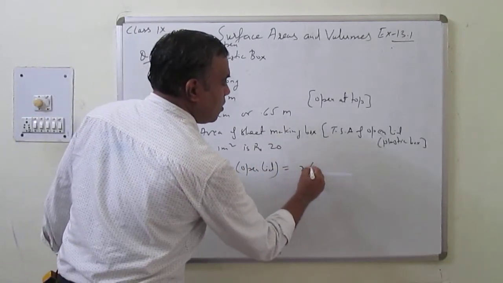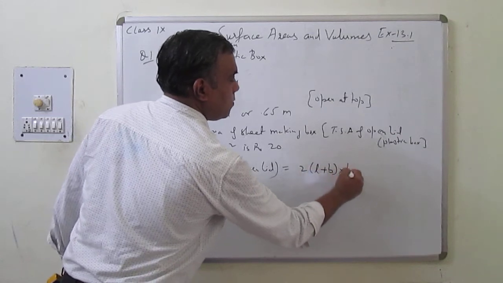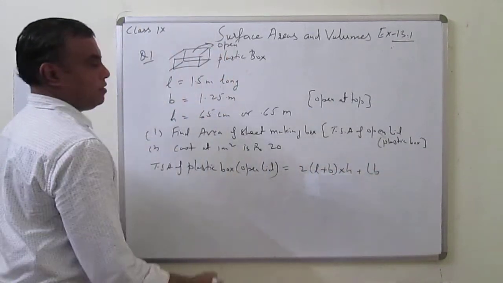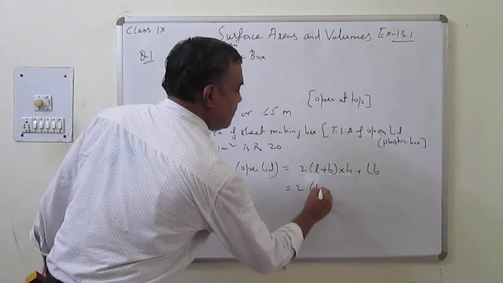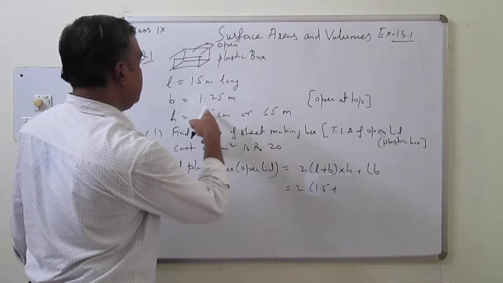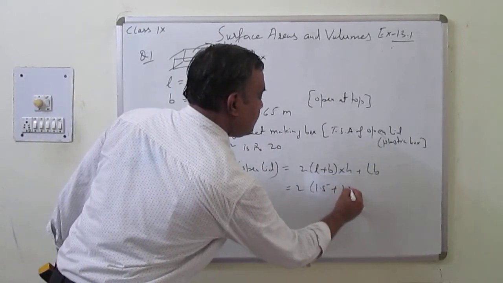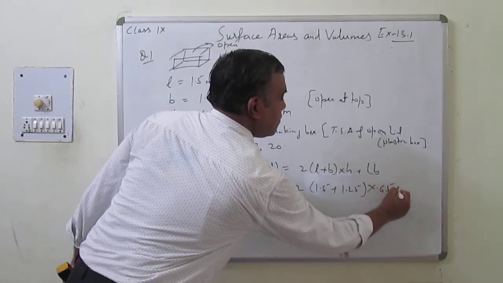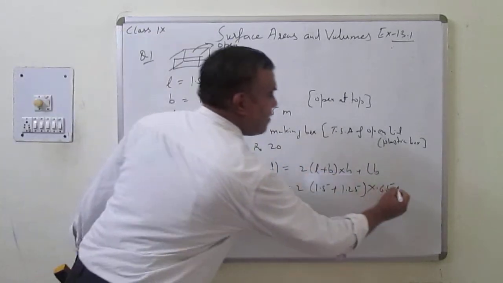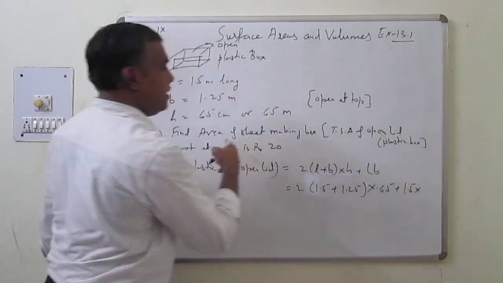Area of four walls plus length into breadth. Now putting the values, what is length? 1.5. What is breadth? 1.25. What is height? 0.65.